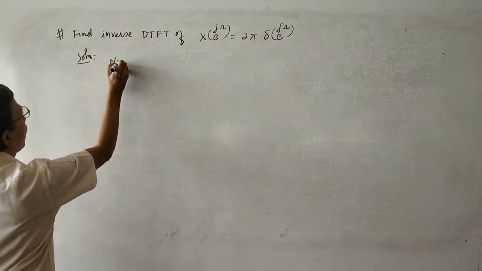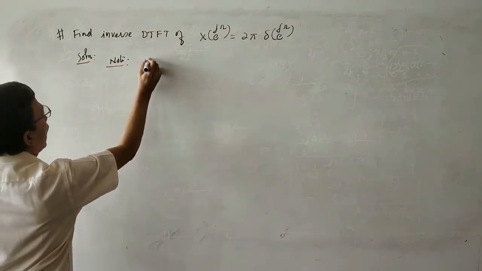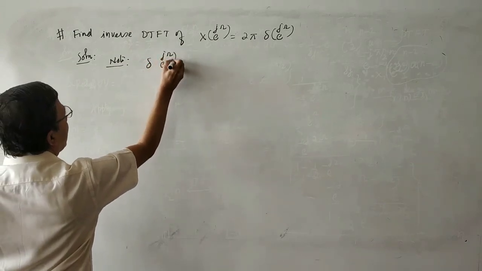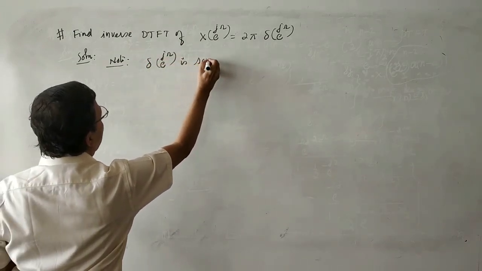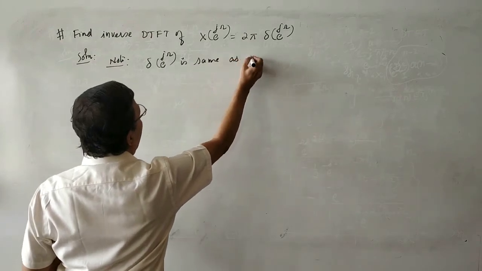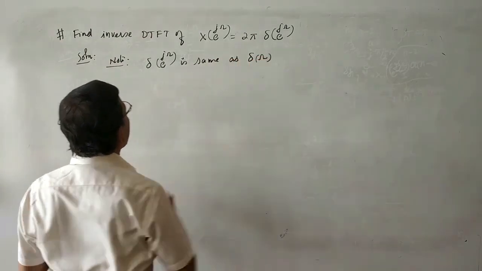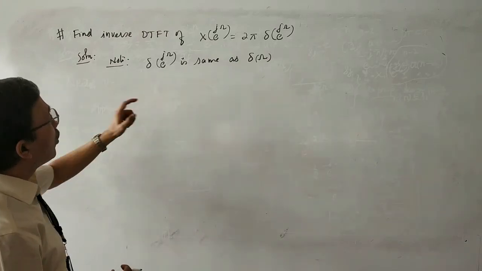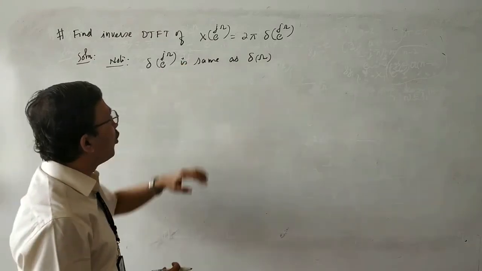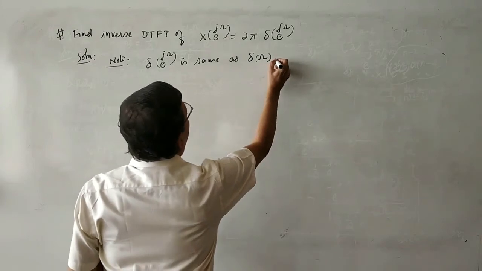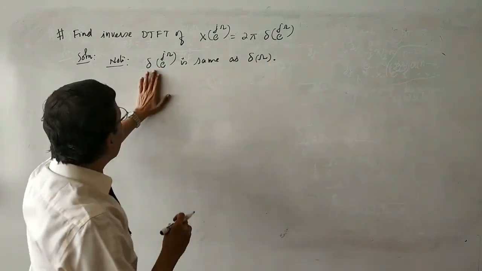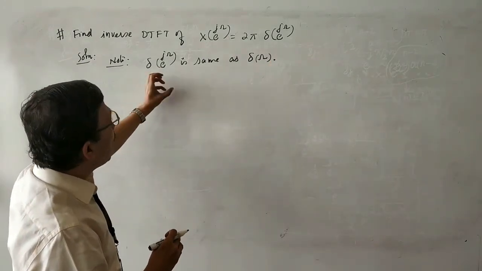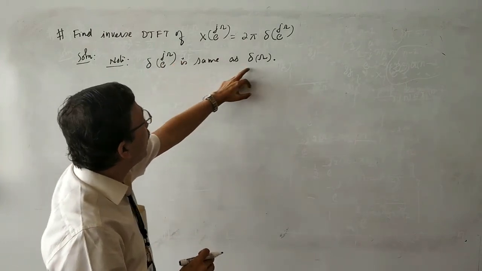Note: delta of e power j omega is same as delta of omega. If delta is a function of e power j omega, it's a function of omega. Please don't think e power j omega is replaced by omega. This understanding is very important to know the location of delta of omega.